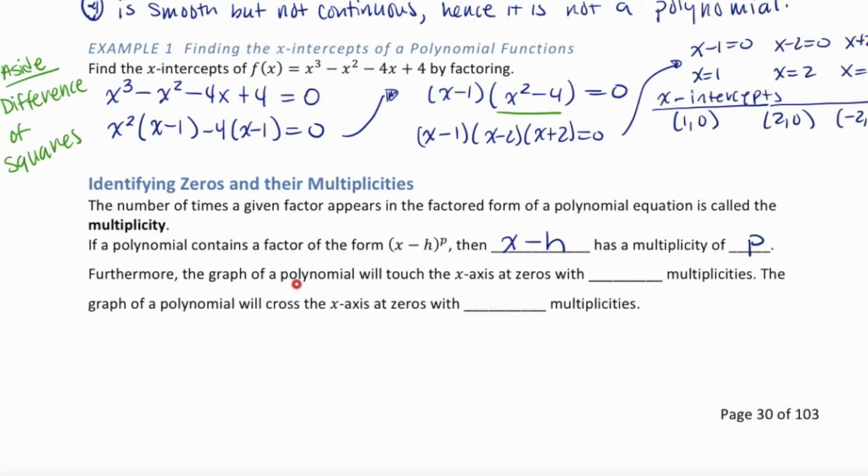Furthermore, the graph of a polynomial function will touch the x-axis at zeros with even multiplicities. The graph of a polynomial will cross the x-axis at zeros with odd multiplicities.